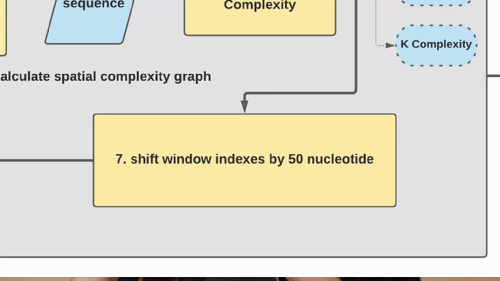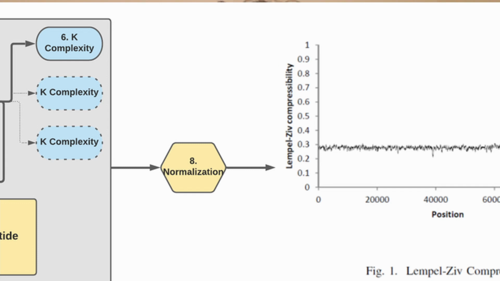We store that information. Then what we do is simple: we take this window and shift it by about 50 nucleotides to the right, and we just loop back again. Once we have run through the full length of the sequence, we normalize the K complexity series we've created to see how it differed across the whole DNA sequence.